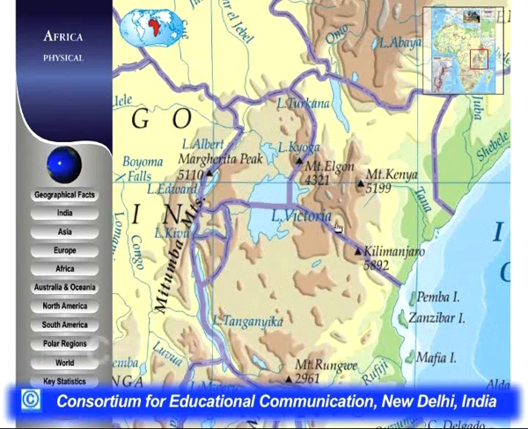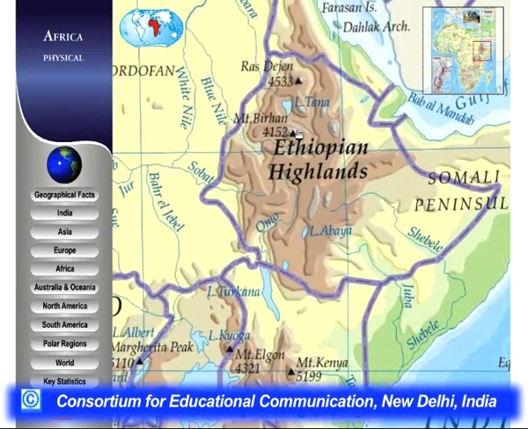Mount Kilimanjaro is the highest peak of the Africa continent, and this is volcanic peak, followed by Mount Kenya. And in Ethiopia, Ras Dashen is the highest peak of Ethiopia.